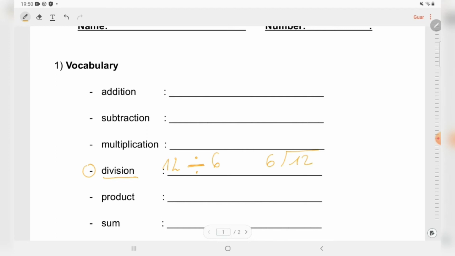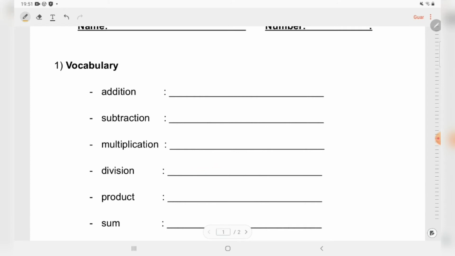This is a division because we are using this symbol. So if you know the Thai word for division, just write it here.